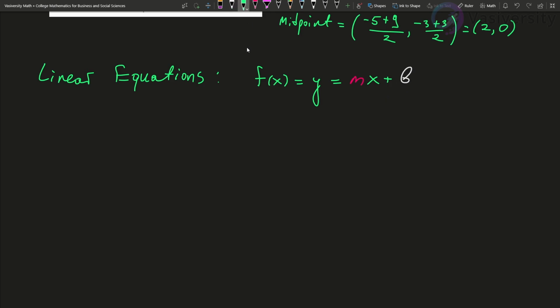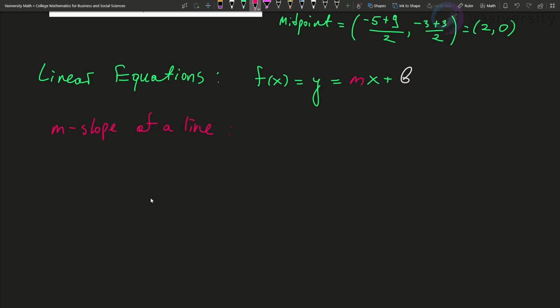And why is it a line? Well, it's a first power and it's linear. By linear, I can have addition of x terms, and it's going to be a line when I'm plotting it on the Cartesian coordinates. So what is m? m we call the slope of a line. And how do we find the slope of a line?